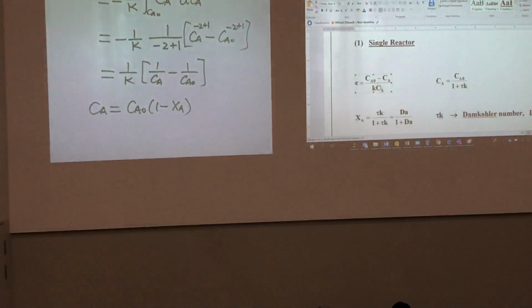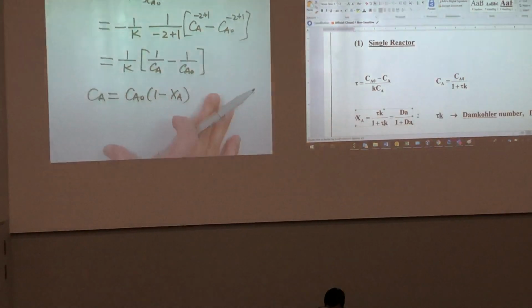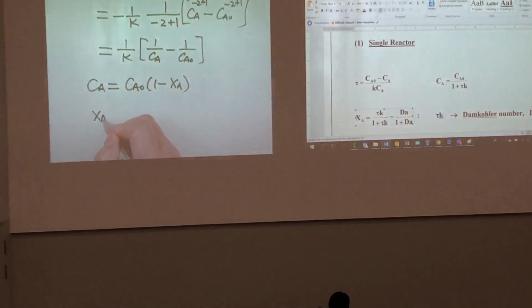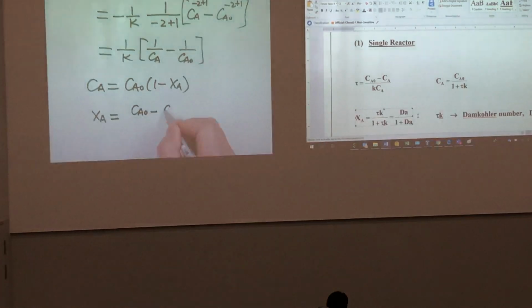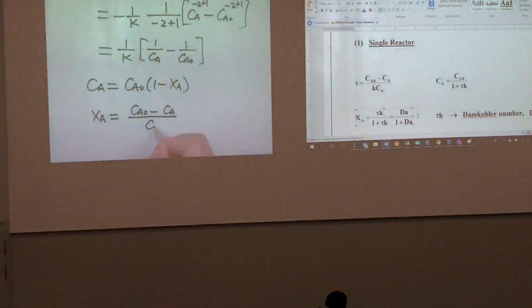So you just need to come over here, then you will know how to relate your final concentration to the initial concentration by this. Do you need to memorize this? I never encourage you to memorize this, but come back to memorize this is more important. So if you know this, you should know what is the meaning of conversion. Conversion means CAO minus CA over CAO.